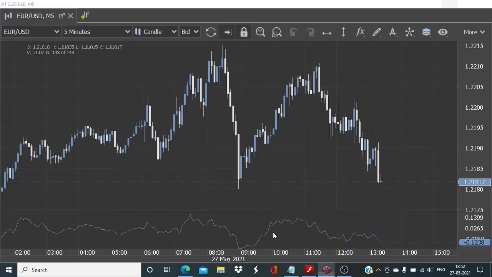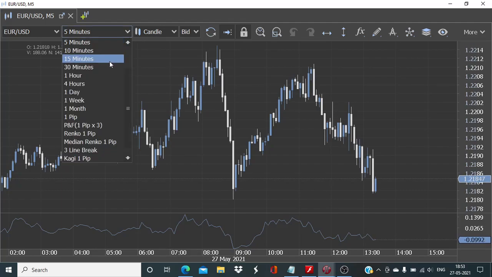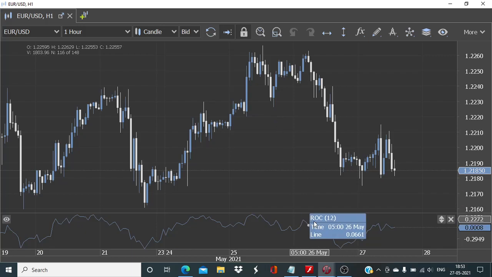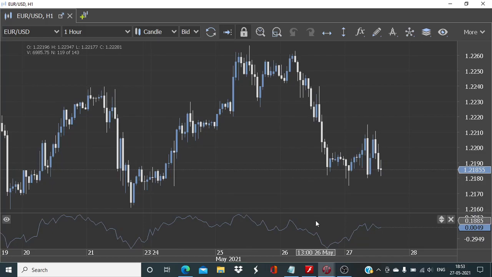and I will give you a brief idea of how we are going to go about this. We want the sell trade to be initiated whenever we have the ROC in the negative territory. That means the price of the underlying instrument is in decline compared to the predefined period.